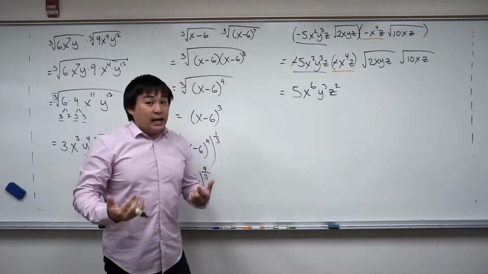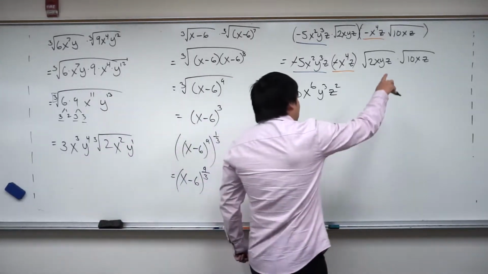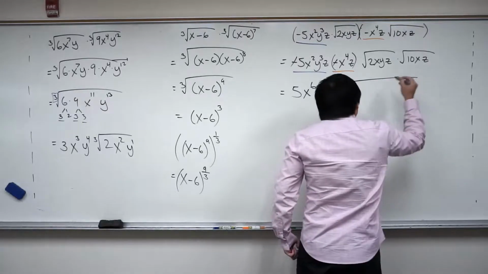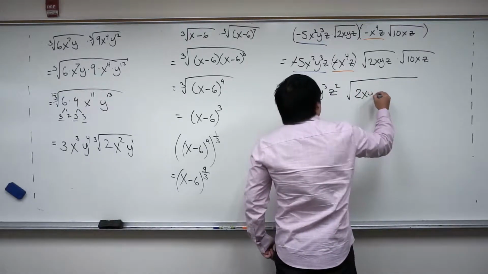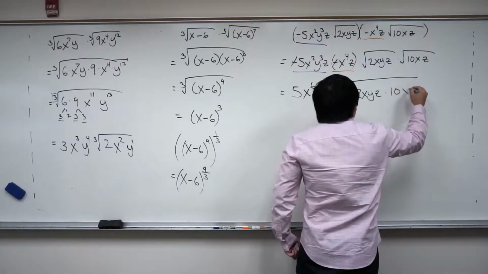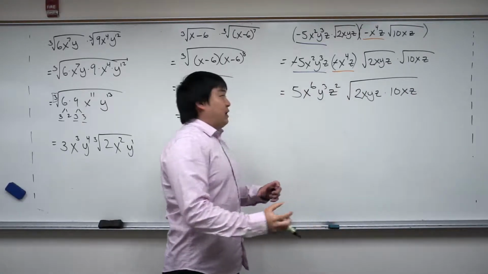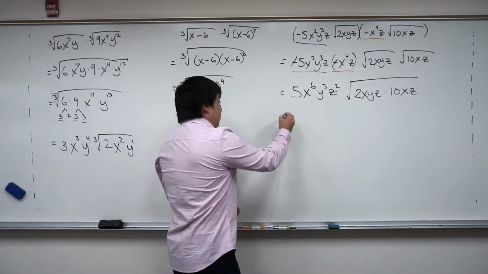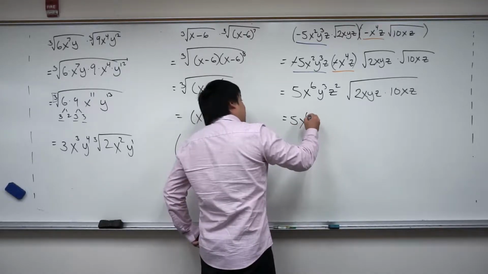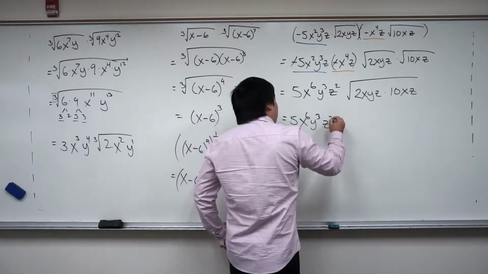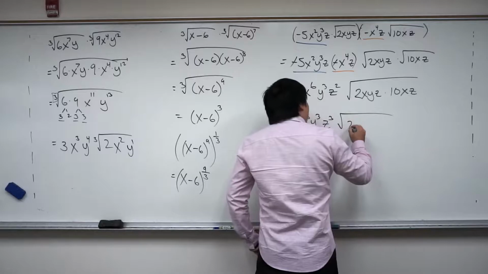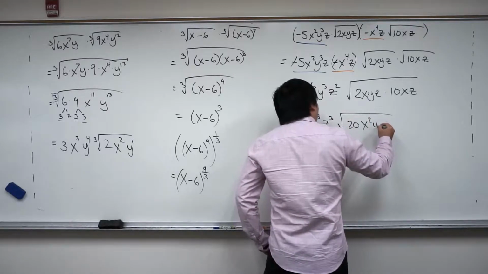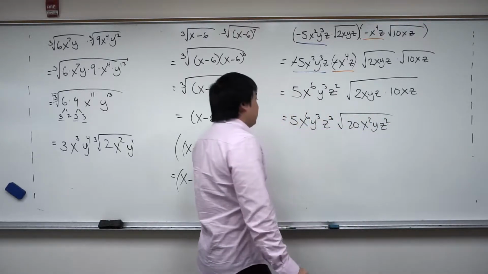So all I'm doing is adding the exponents. In here, you get a single radical, 2xyz times 10xz, and then go ahead and apply your exponent rules there. So 5x to the 6, y cubed, z to the 3rd, 20x squared, y, z squared.